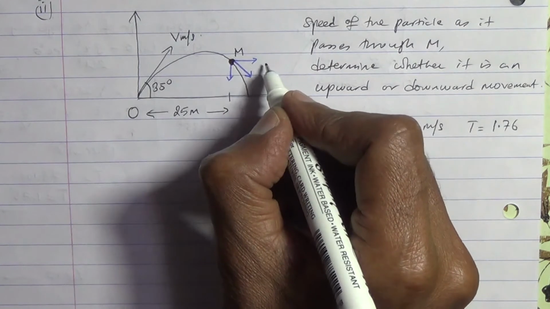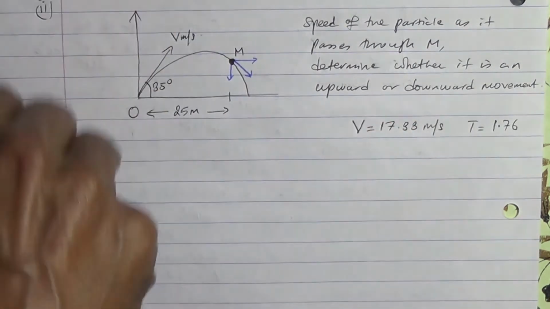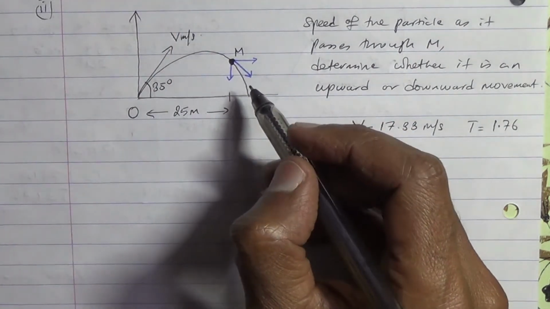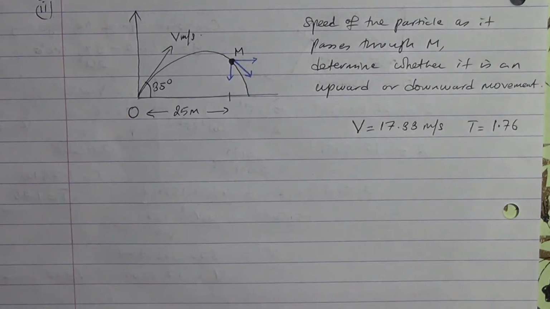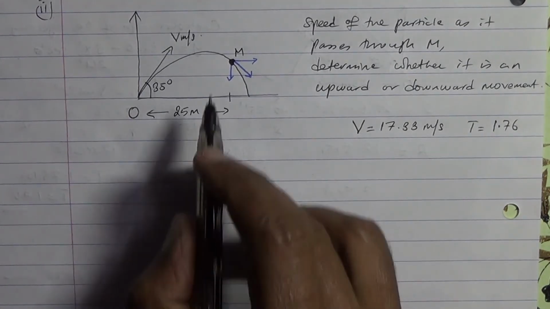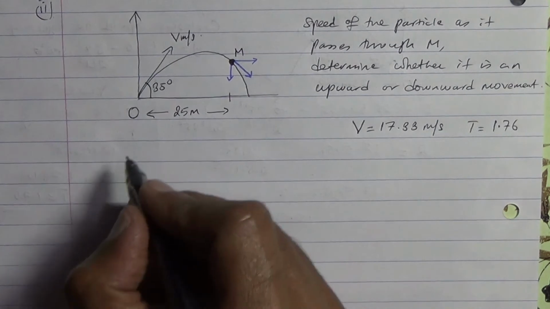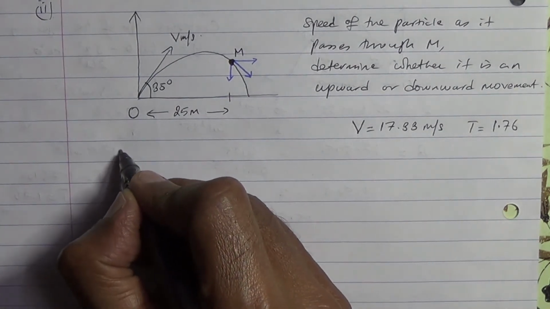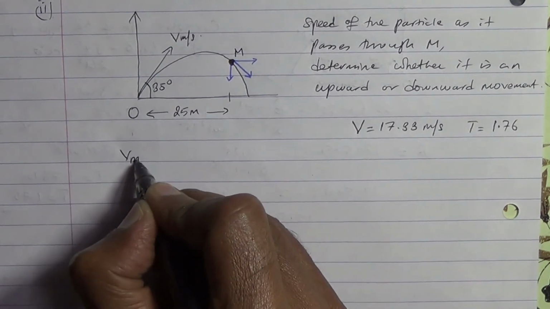At that point we can find the vertical component of the speed and also the horizontal component, giving us the resultant, which is Vm. That's the speed we want to find.